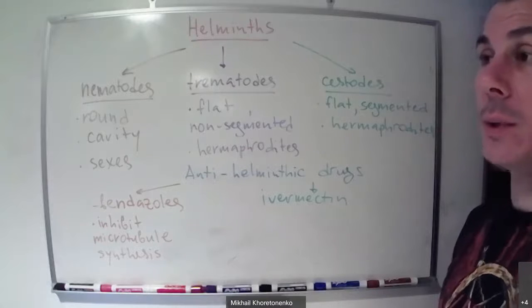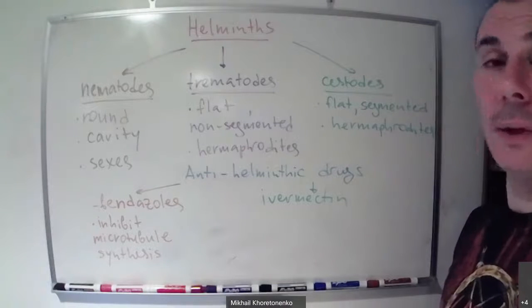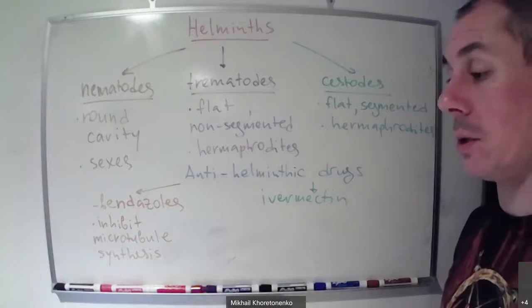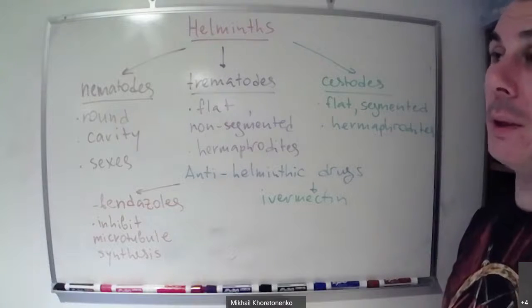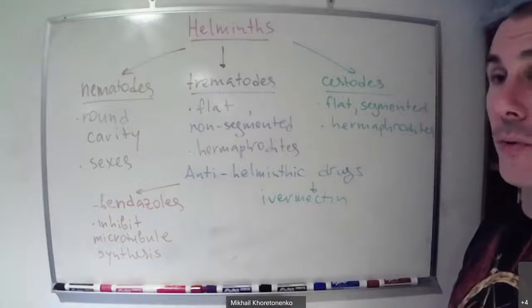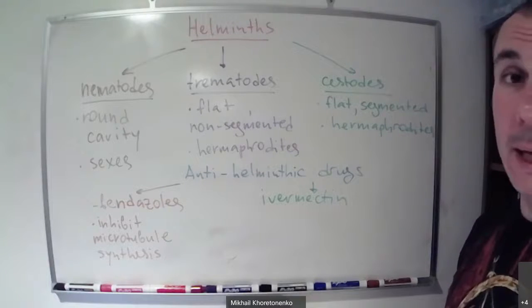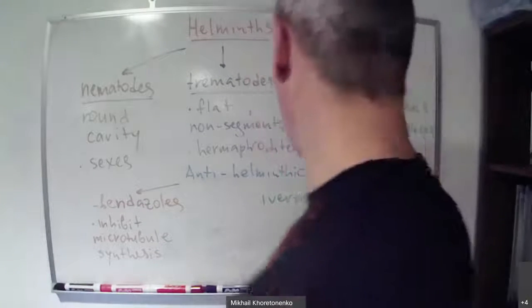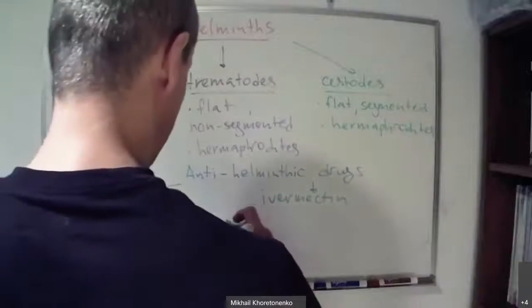In humans, it is exceptionally successful in treating various nematode infestations, which allowed countries in Africa to completely eliminate diseases such as river blindness or dracunculiasis. So ivermectin is quite fascinating.